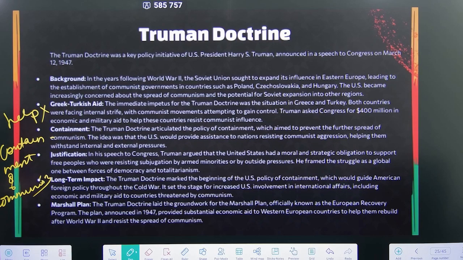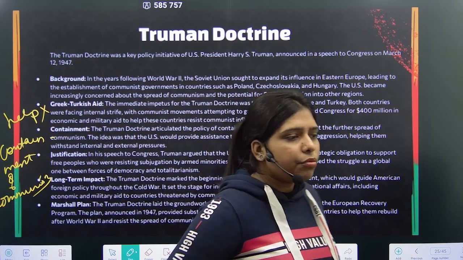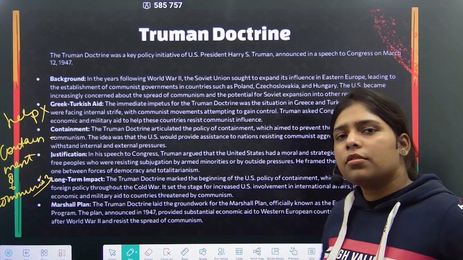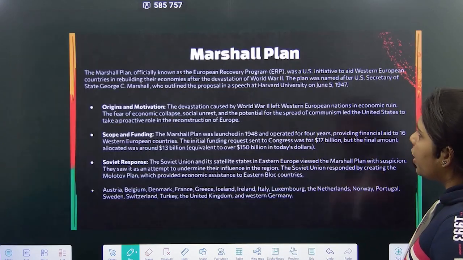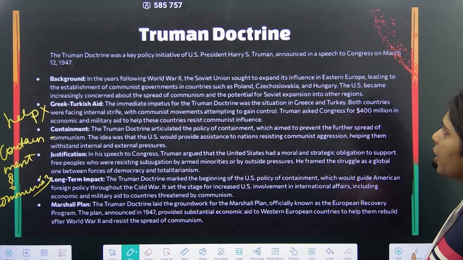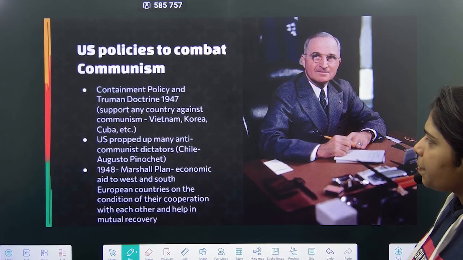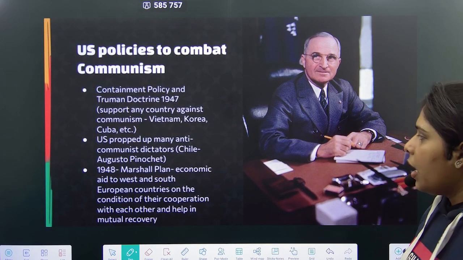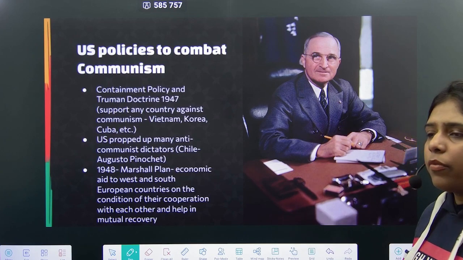Please try to understand: the Truman Doctrine was usually for the assistance of those regimes which were against communism. And the Marshall Plan was for the Western countries.